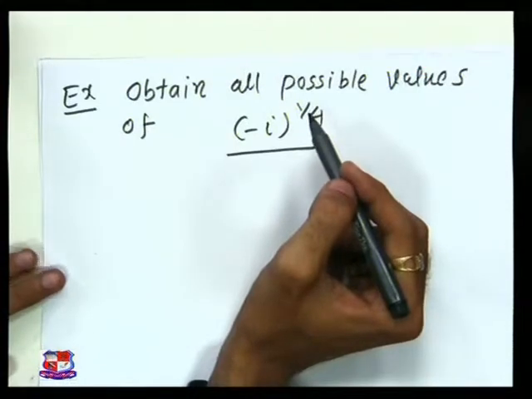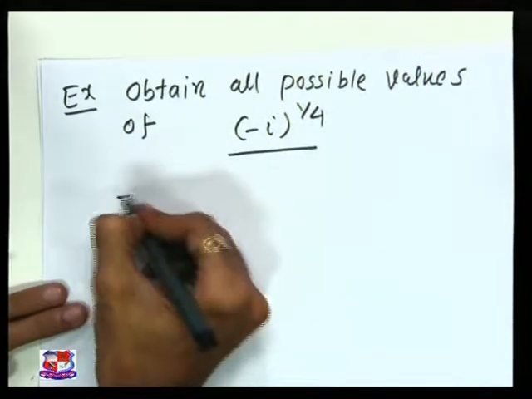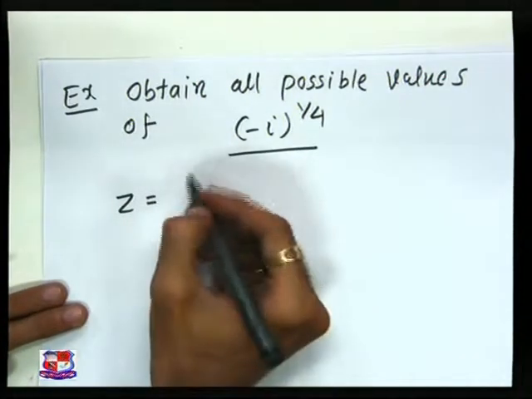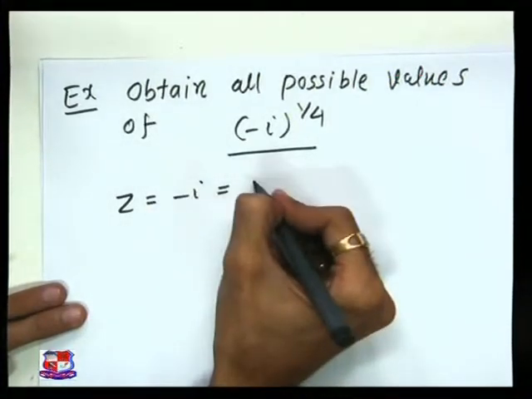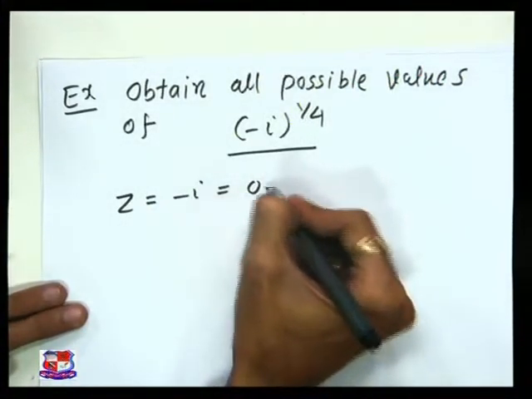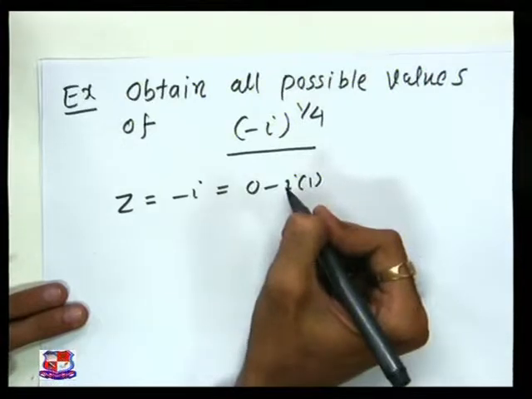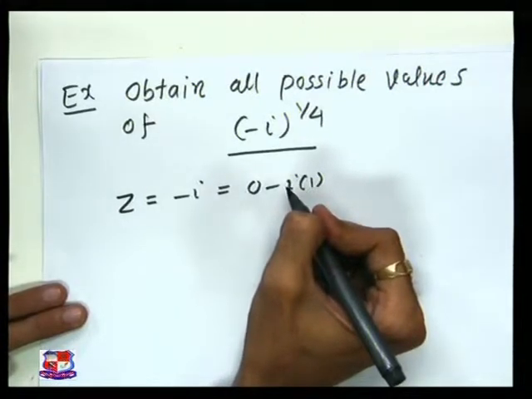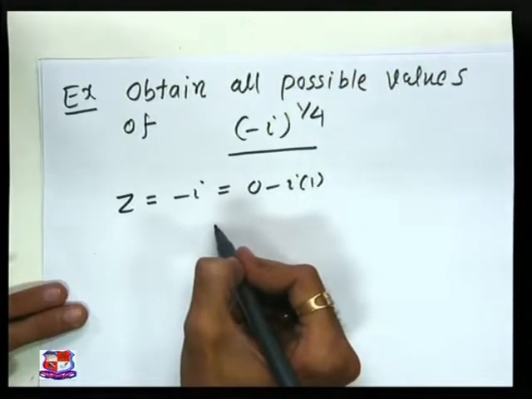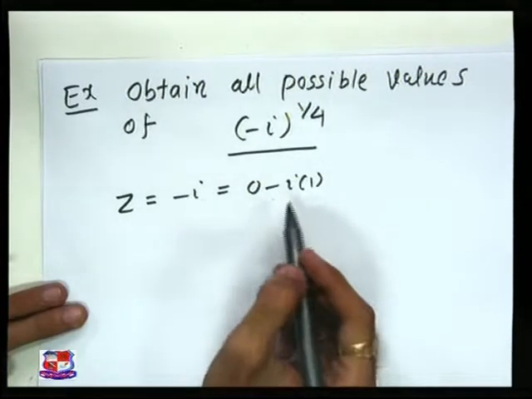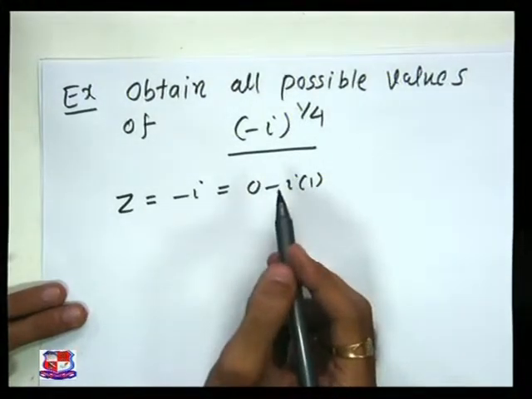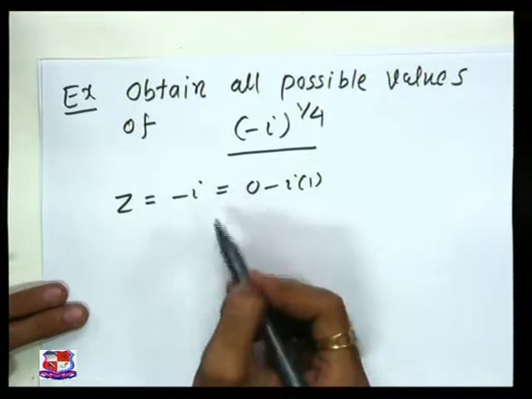So first I want to say that here z is equal to minus I, which is equal to 0 minus I into 1. Directly we can get the value of r and the value of theta, and then we can convert this z into polar format.